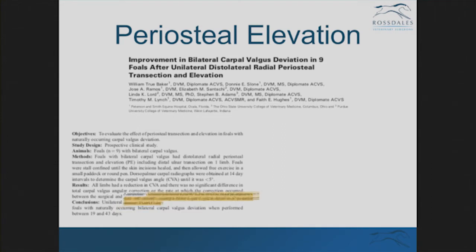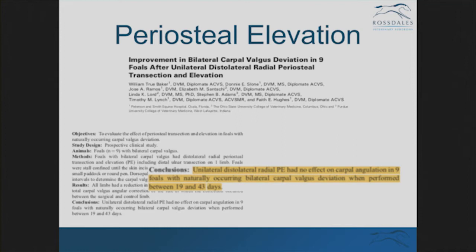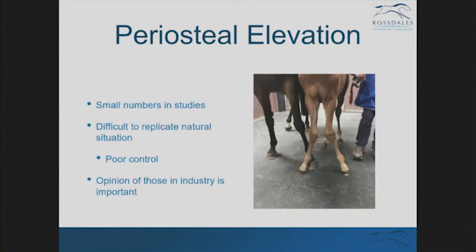Before making too many judgments there, I want to emphasize that these are very small numbers. There's not been a lot of work done on this by any means. We're talking about one study with 10 foals and one study with 9 foals. And in one of those studies, they induced the deformity in an unnatural form anyway, so I think it's difficult to replicate the natural situation.